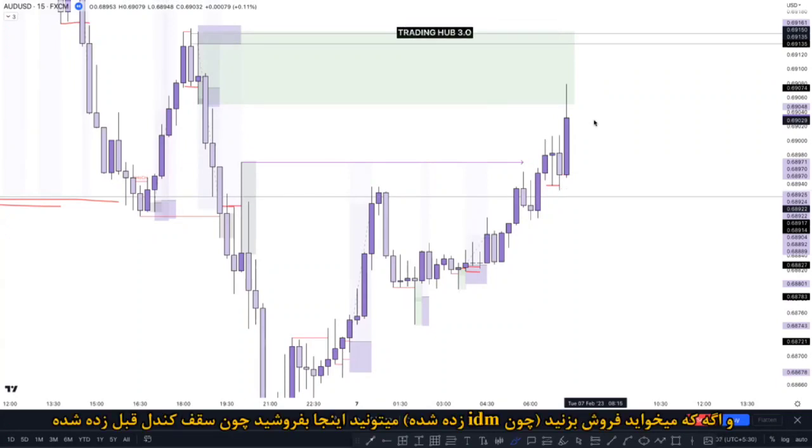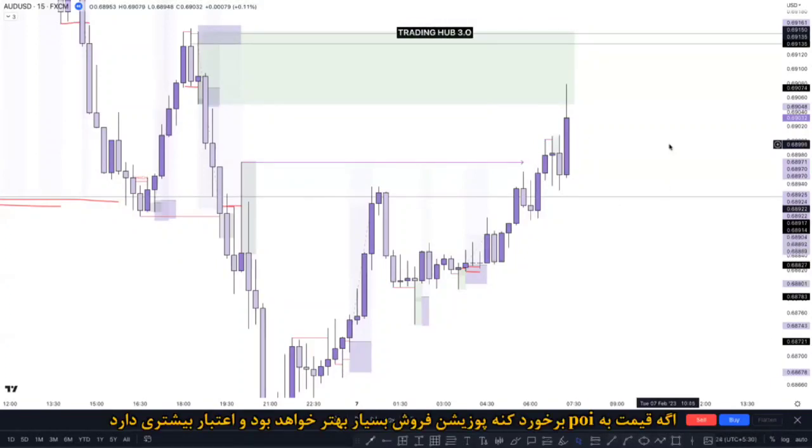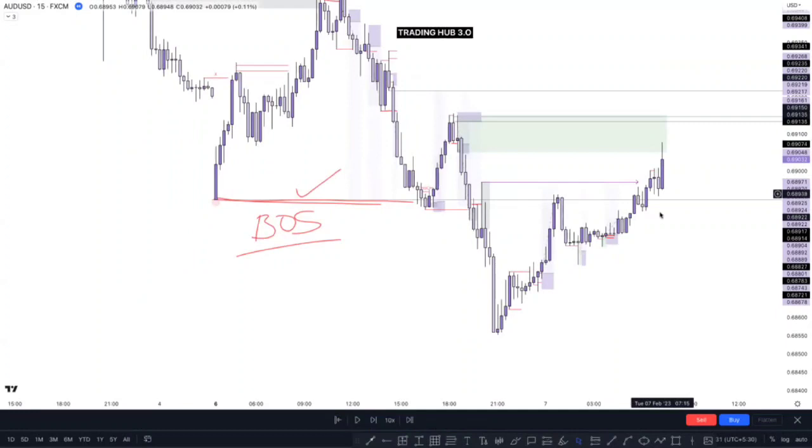And if you are willing to sell here also, because this one is taken out, you can sell here, but this sell will be better if price taps on the PY, right? In that case, this becomes more valid, more high probability.